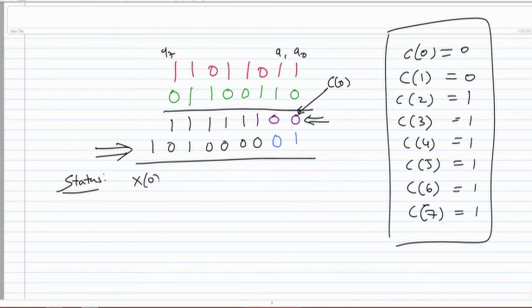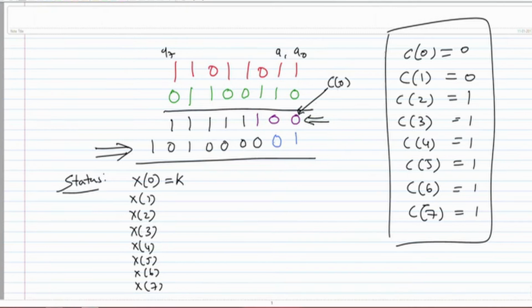So, we will calculate x0, x1, x2, x3, x4, x5, x6, x7. What is x0? X0 starts with kill, right. This is kill because C0 is 0.